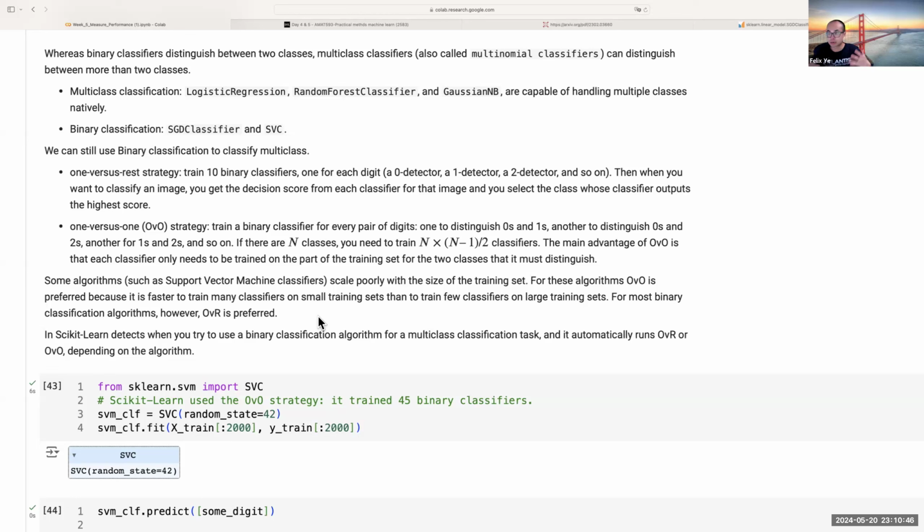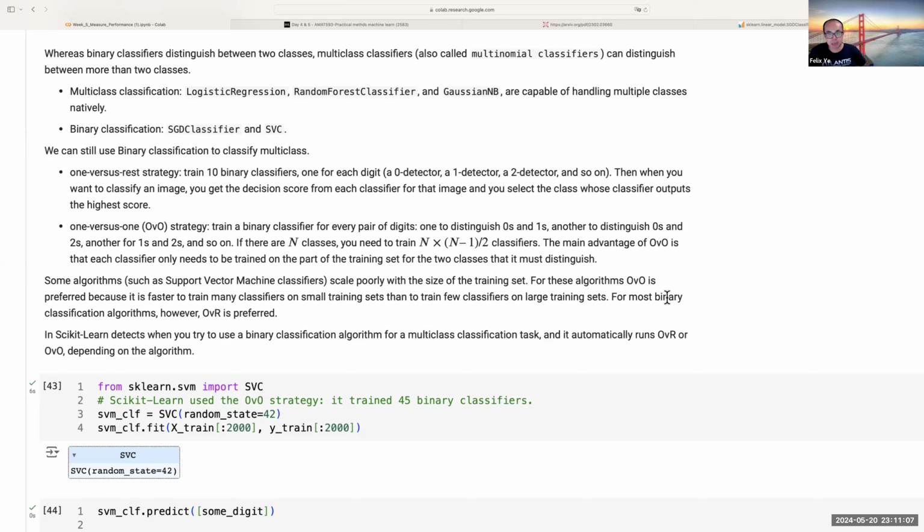Training time usually doesn't scale linearly and could scale quadratically. That's why a small training set can significantly reduce the training time. So we can train many classifiers on small training sets if we want.